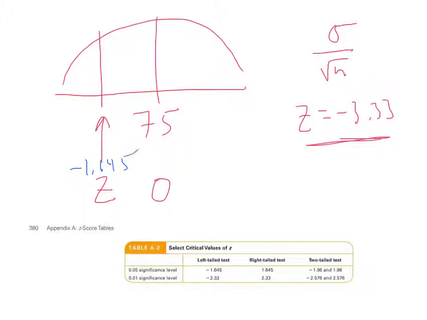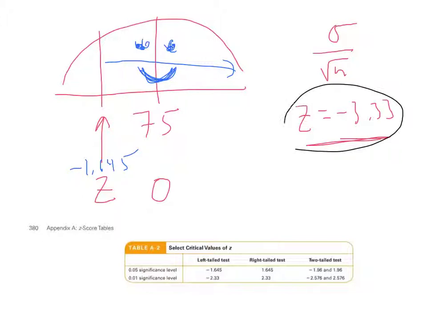Anything to the right of that will be a happy place. I have a colleague who words it this way. That's the happy place for H0, because that says H0 is correct. We can't say that H0 is wrong. It's satisfied. Everything's acting like it's supposed to be. But this z-score that we got, negative 3.33, is out here. It's out beyond that cutoff, that critical value.